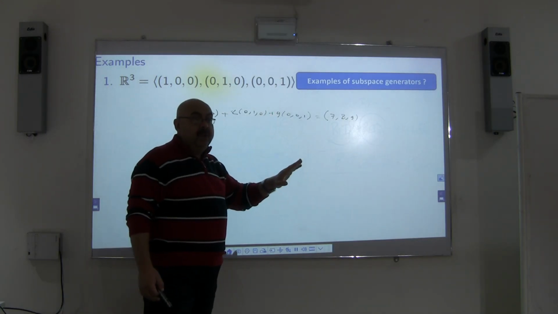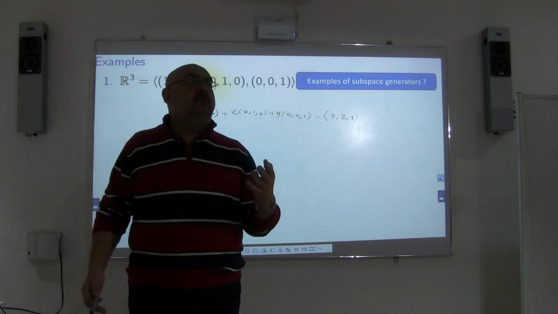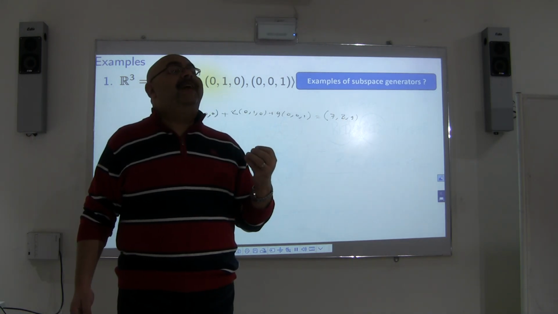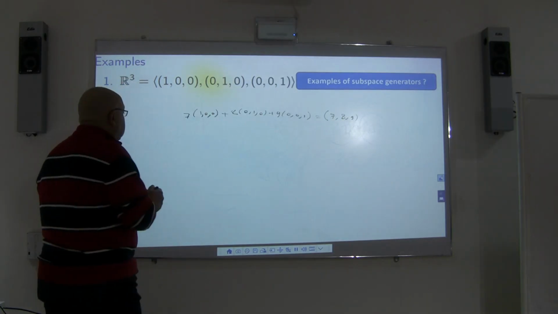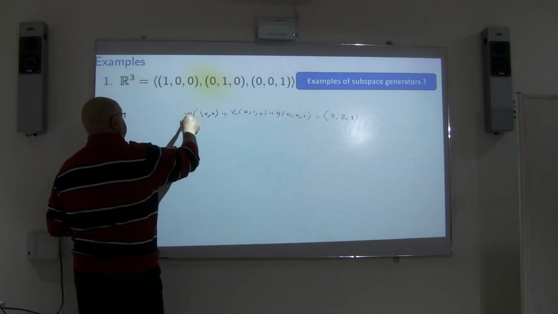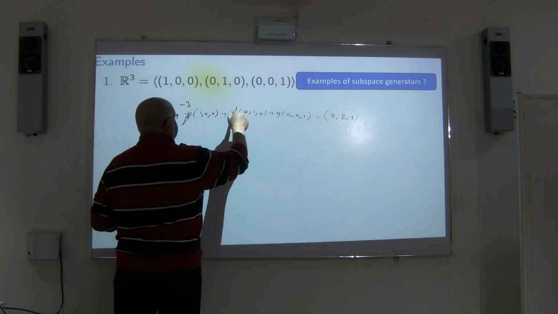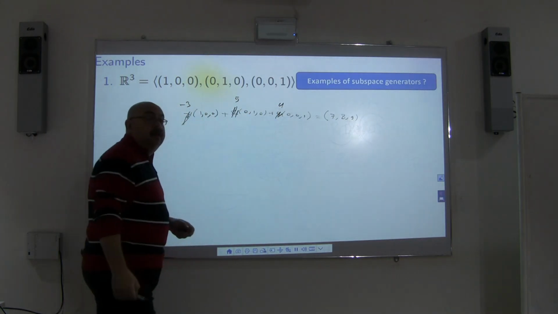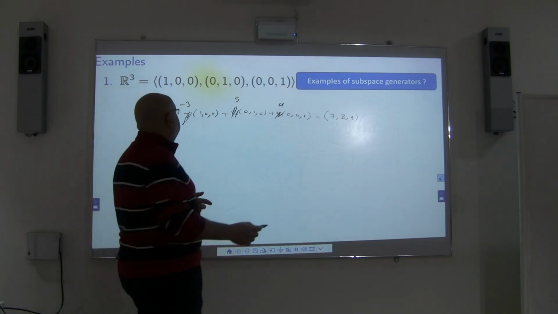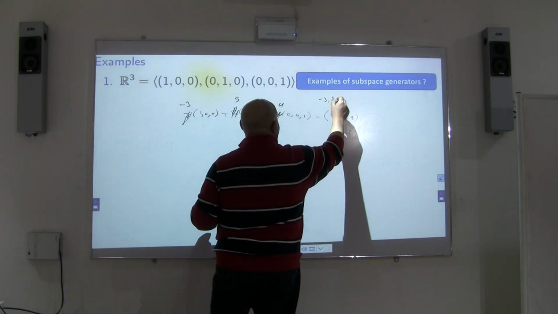If I want to generate the vector negative 3, 5, and 4, how do I do it? All I have to do is replace this number by negative 3, that number by 5, and that number by 4. So I will get the new vector, negative 3, 5, and 4.